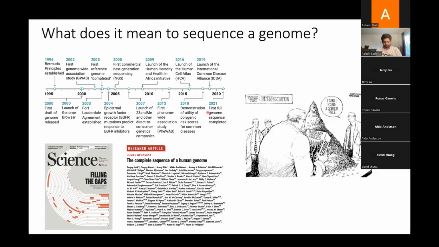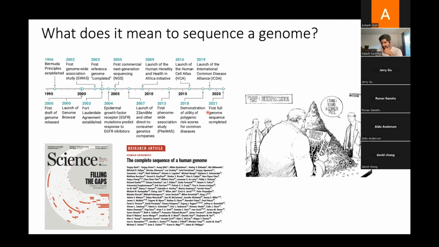From telomere to telomere, it's called. The telomeres are ends of our chromosomes. And what we have now is a complete sequence of a human genome. And this is actually a very recent development. It's only 2 years ago that we have the entire human genome sequenced and assembled.